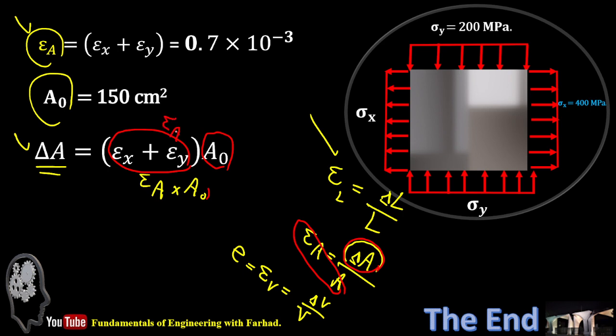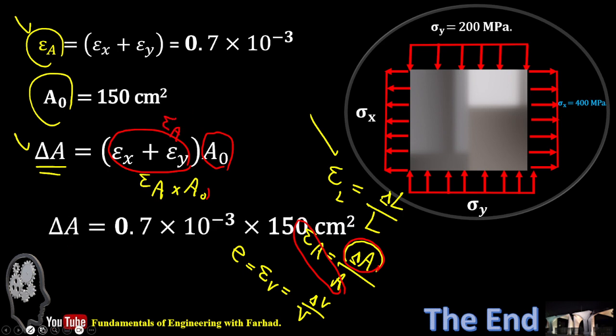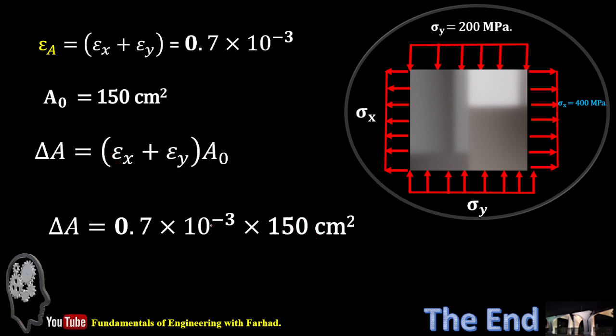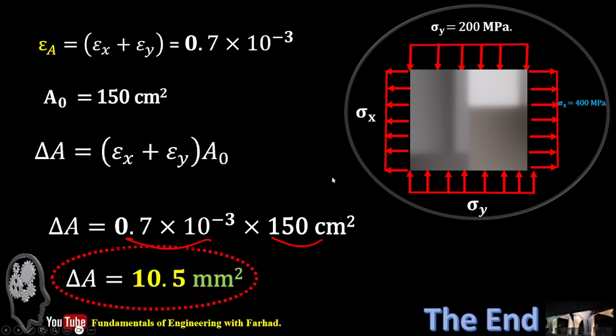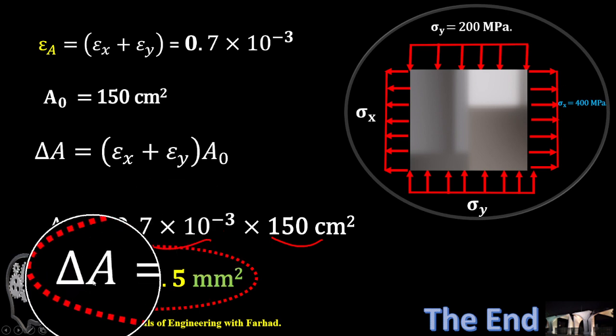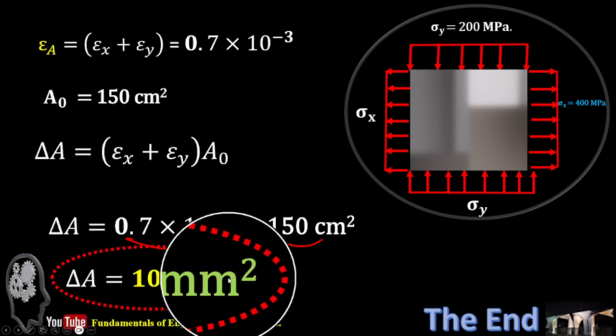If you do the math, it gives you this numeric value, and if you convert it to millimeter squared, delta A is equal to 10.5 millimeter squared.